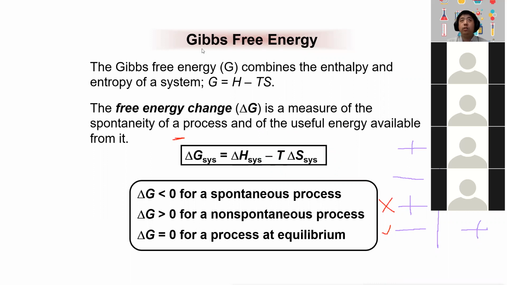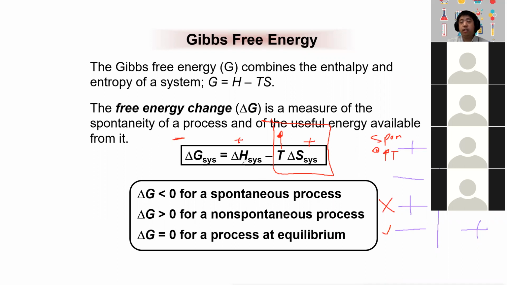But what can I change? Once again, we're assuming that these are both positive. The temperature. So I can increase my temperature. So at higher temperatures, this will be spontaneous. So if it's both positive, it will be spontaneous at higher temperatures.